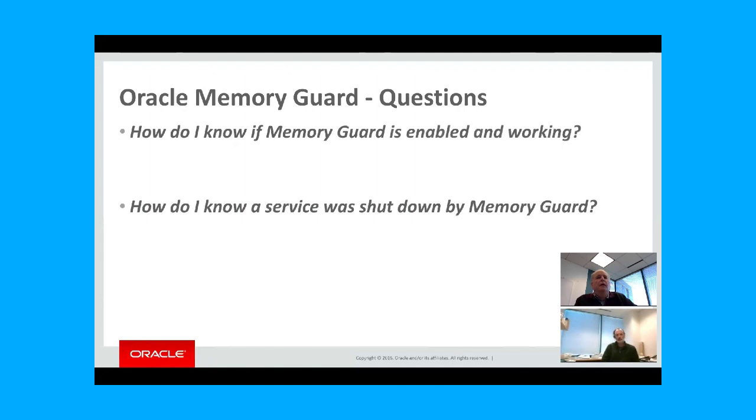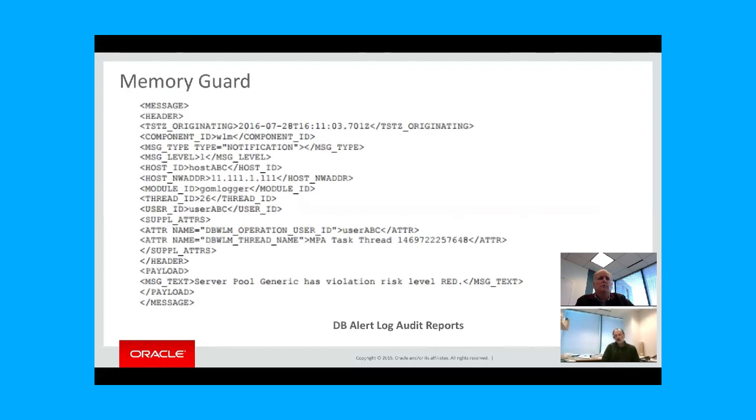Okay. So how do I know that memory guard has acted and a service was shut down by memory guard, versus simply the service going offline? Right. I alluded to this earlier, but going over it again, we've got a so-called Grid Operations Manager log in the QoSM server.